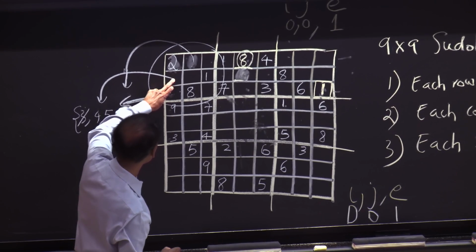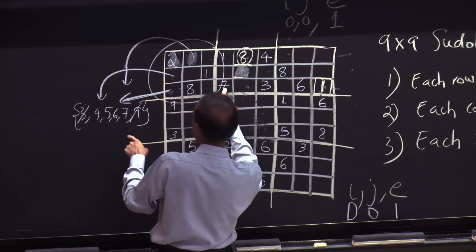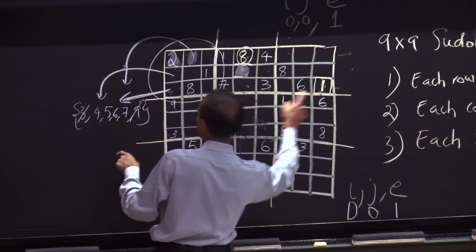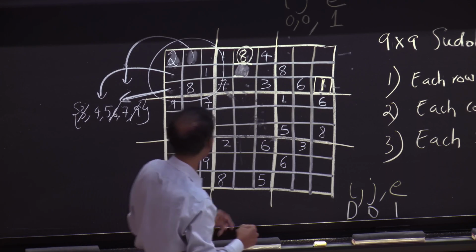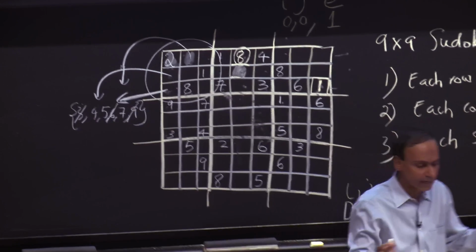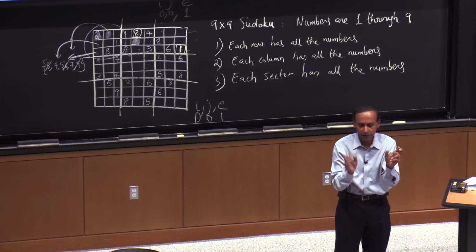And I can do the same thing with that. Obviously, I can also take away the 7, and I could take away the 3, the 6, and the 1. So I go ahead and I take away the 6, and the 3 was already taken out. And I keep doing this, and I try and shrink the possibilities corresponding to this particular square that has the set of different possibilities.